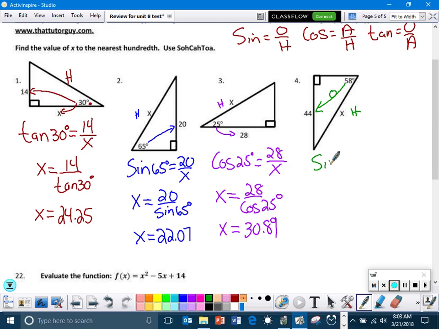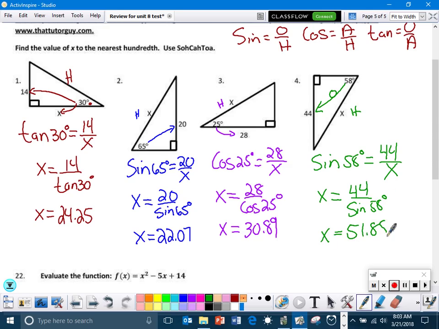So sine 58 degrees equals the opposite over the hypotenuse. Switch. Type that in and you get 51.88.